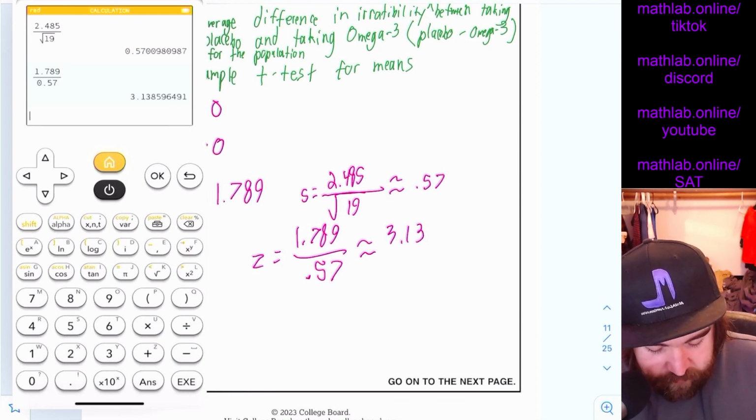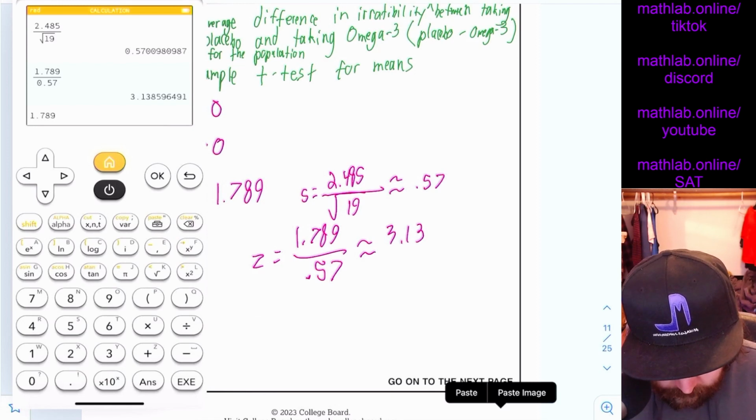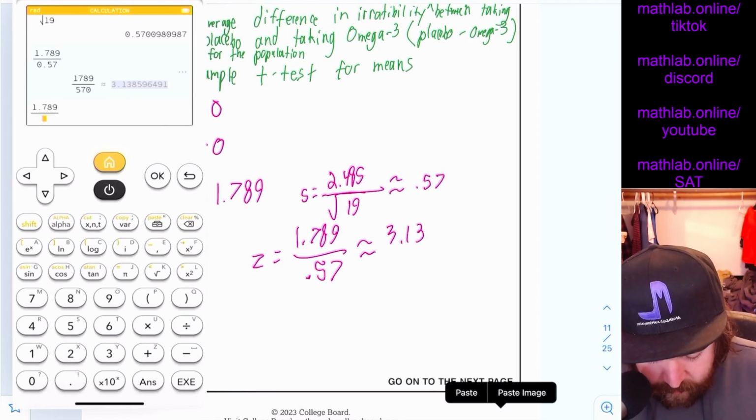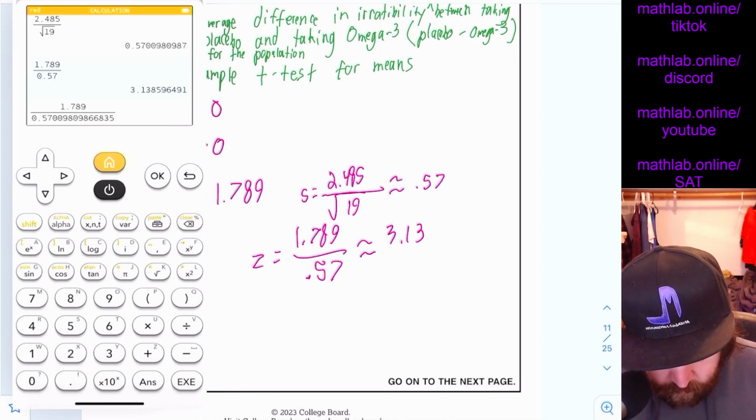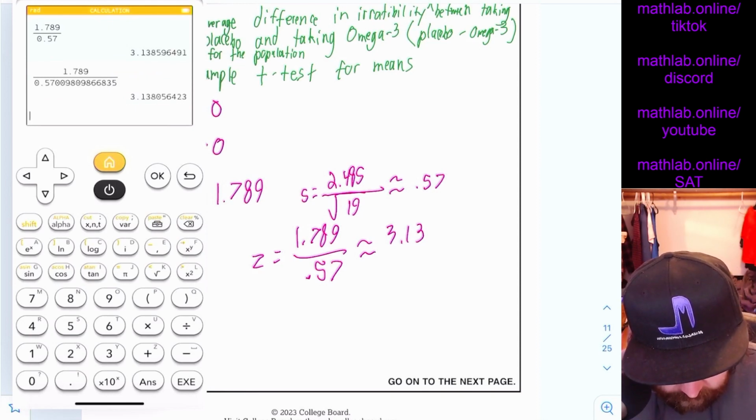Let me actually do 1.789. Oh, those are in order. Divided by that. Okay. Much more confident with the 8, actually.